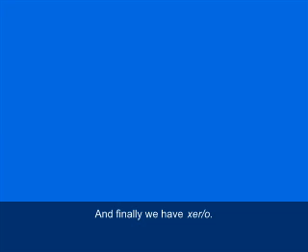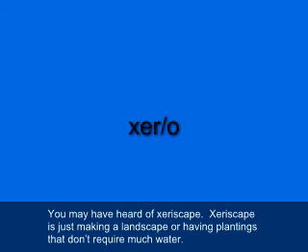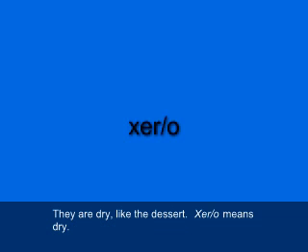And finally, we have xero, X-E-R/O. Xero refers to dry. You may have heard of xeriscape. Xeriscape is just making a landscape or having plantings that don't require much water. They're dry, like the desert. Xero means dry.